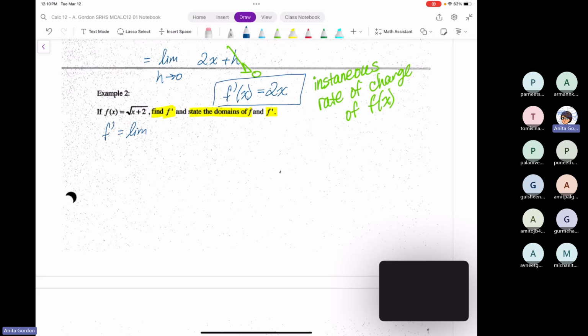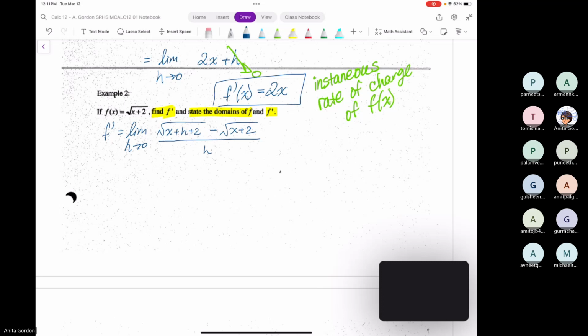Do we want to do the other one now, as x approaches a, or do we want to stick with the h one? You want to stick with the h one? Sure. It's like a choose your own adventure today. As h goes to 0, square root of x plus h plus 2 minus square root of x plus 2 all over h.